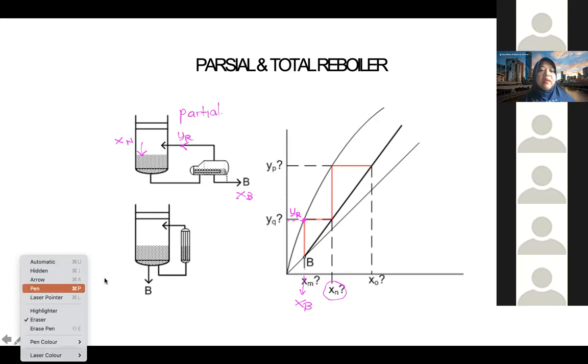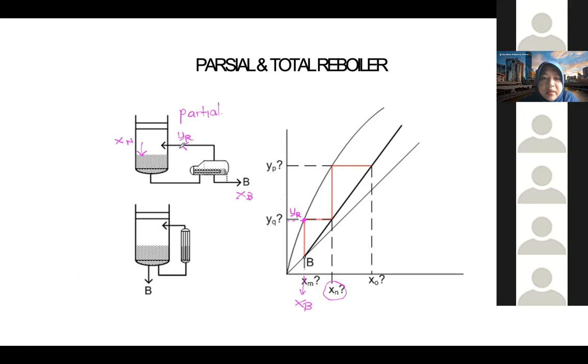Okay, so then again, we can go back. Here, this is the YR, and then YR goes to that one there, so this is the XN. So YR and XN are paired on the operating line. To find the YN, which is paired on the operating line, we use XN and go to the operating line. How to get the vapor leaving tray N?